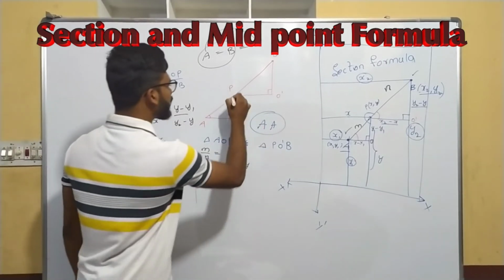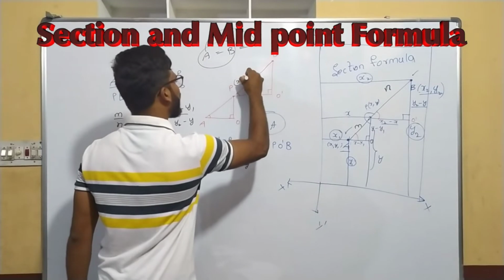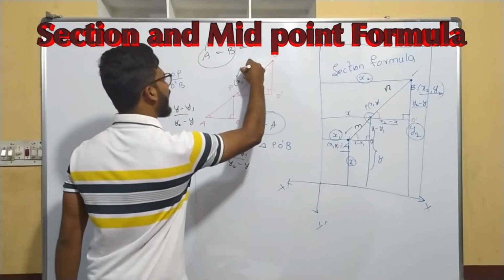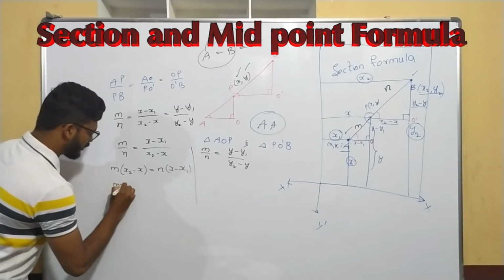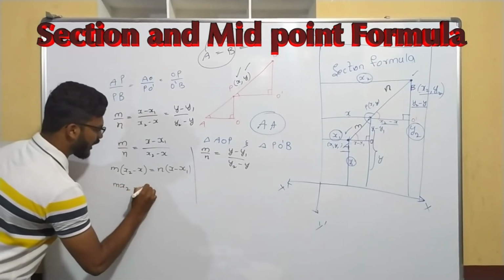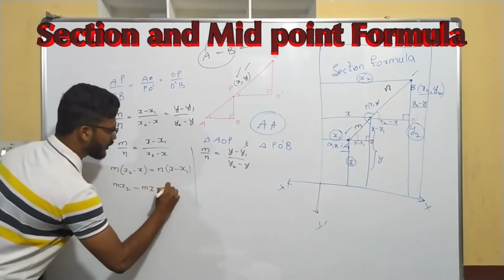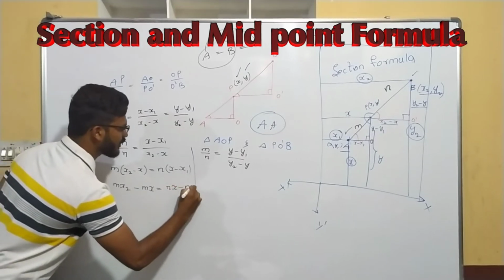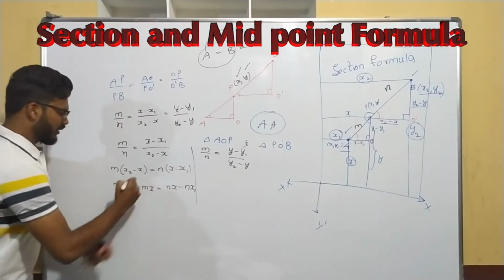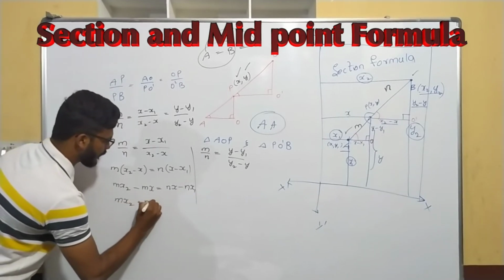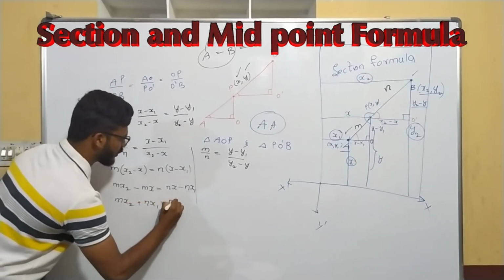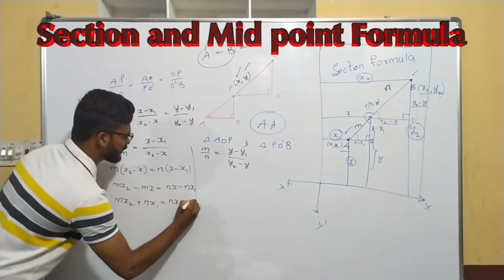I want coordinates of point B, right? These are x comma y. So I have to find x and y. So what will I get? mx2 minus mx equal to nx minus nx1. What will I get? mx2 plus nx1 equal to nx plus mx.